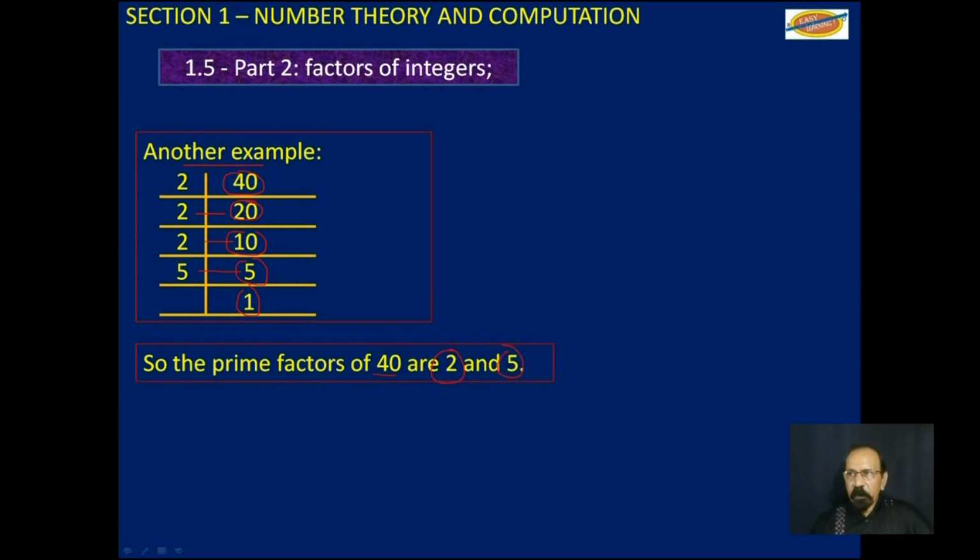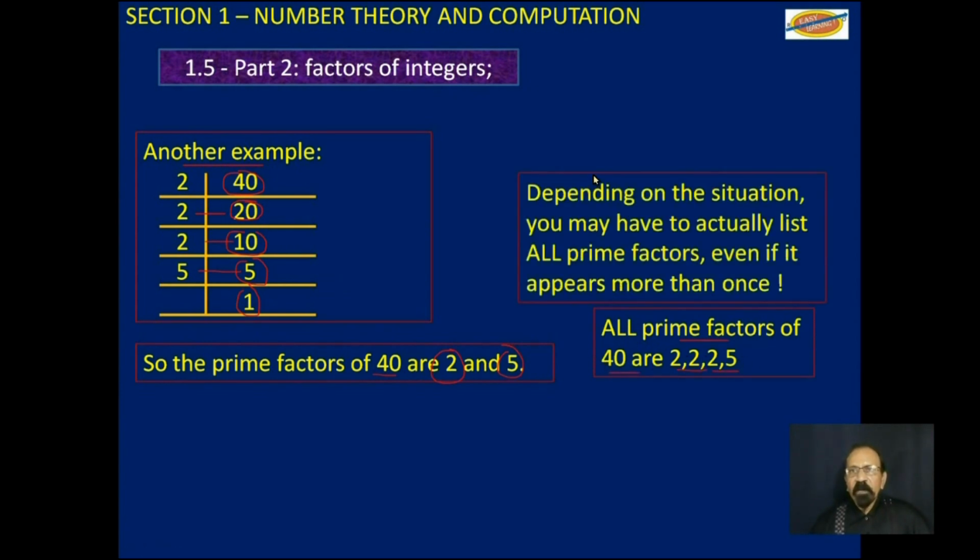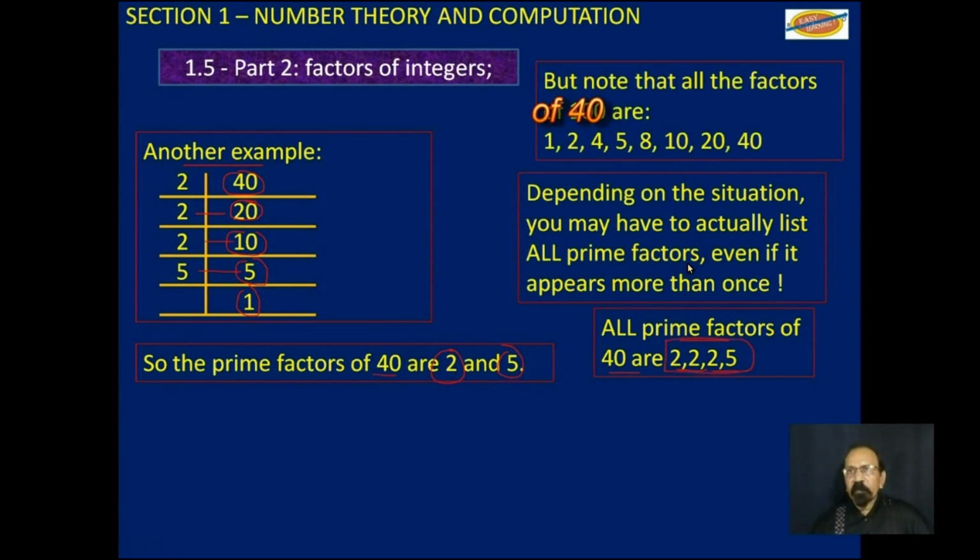Remember, I said there may come a situation where you have to list that 2 3 times. All the prime factors of 40 are 2, 2, 2, and 5. Depending on the situation, you may have to list all of them like that. But note that all the factors of 40 are 1, 2, 4, 5, 8, 10, 20, and 40.